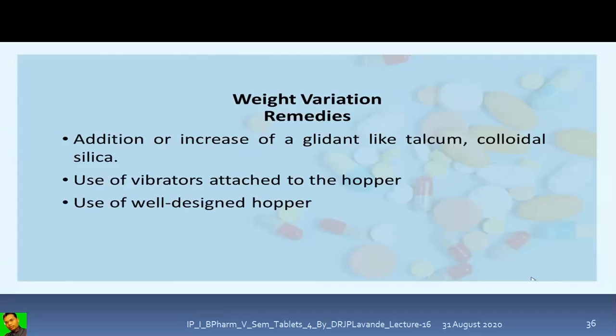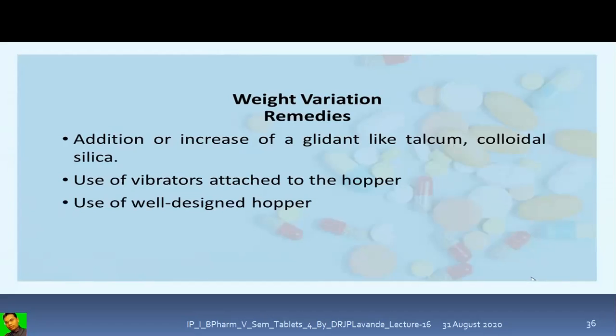The remedies are the addition or increase of a glidant material like talcum or colloidal silica, and the use of vibrators attached to the hopper, which will subject it to complete tapping. That will lead to continuous flow of the granules from the hopper to the die wall.